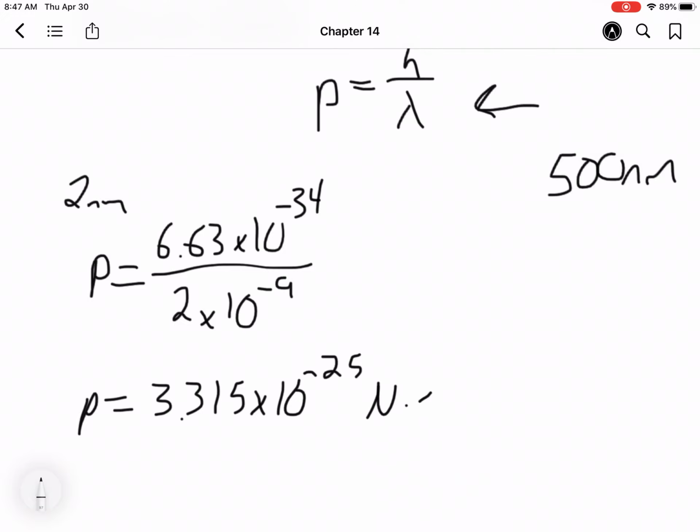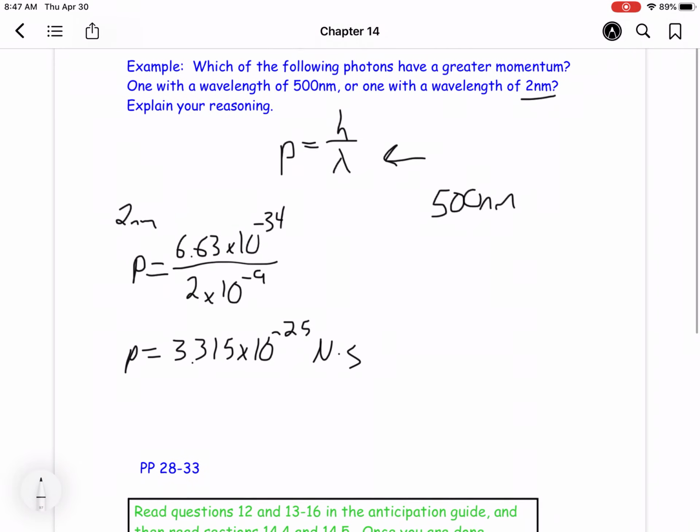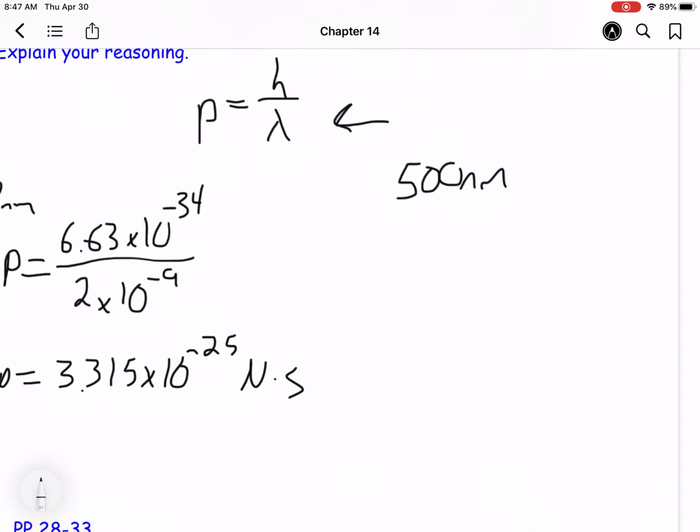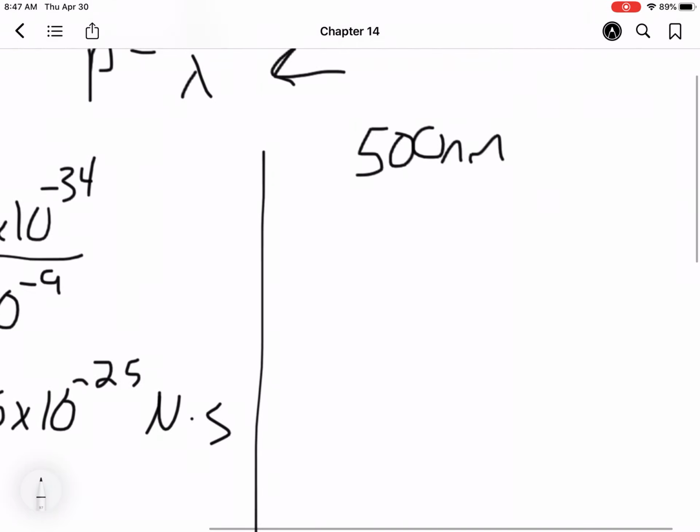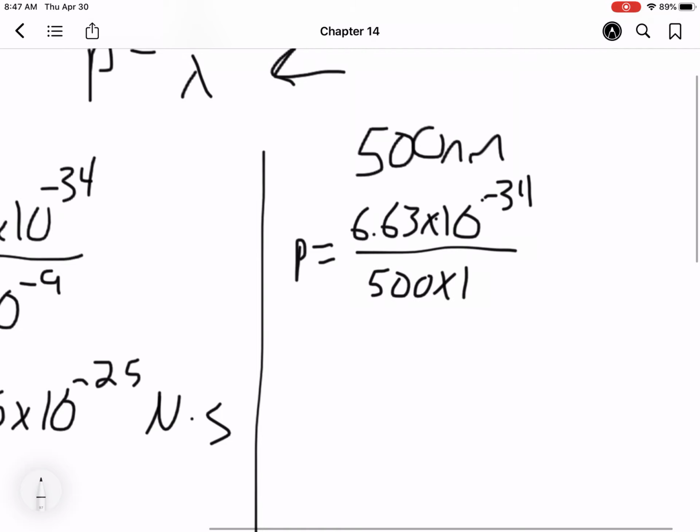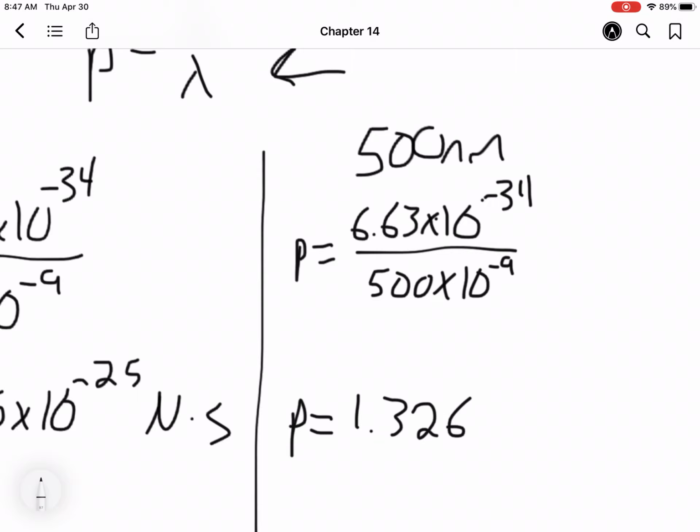Do it in seconds, why not? And this one here, do the same thing, and you're going to get 1.326 times 10 to the negative 27.